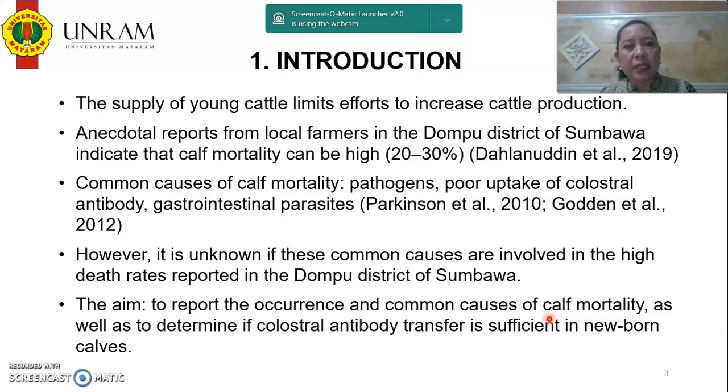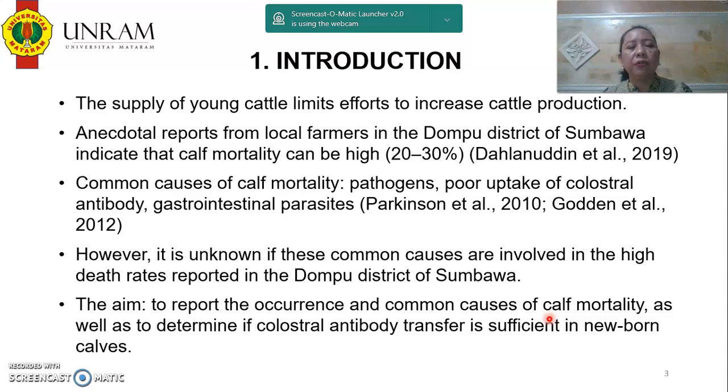Neonatal mortality is one of several factors that limit cattle production, especially in the Dompu region of Sumbawa Island. Anecdotal reports from local farmers in Dompu district of Sumbawa indicate that calf mortality can be high, ranging from 20 to 30%.